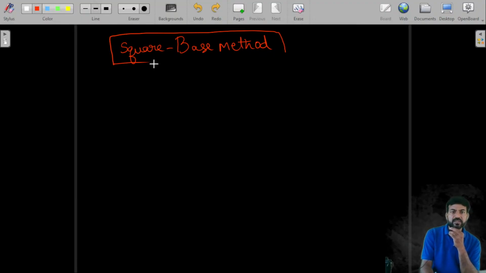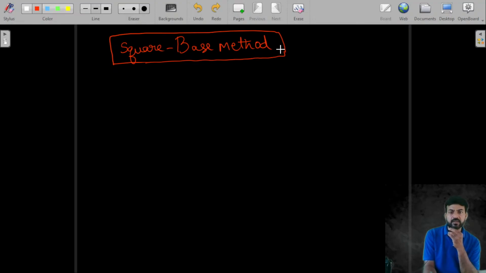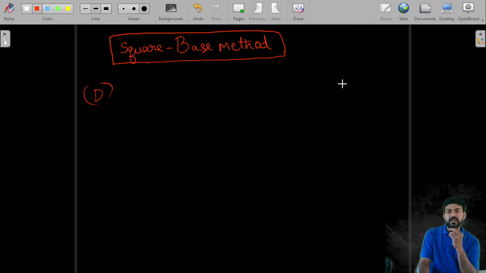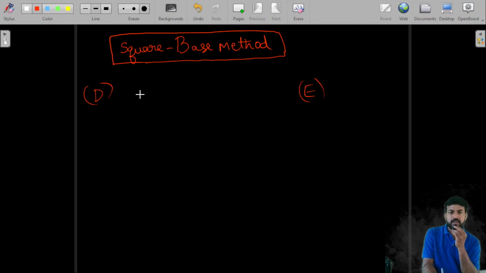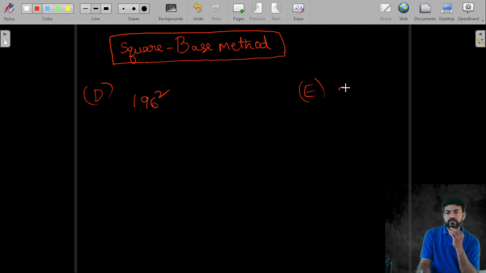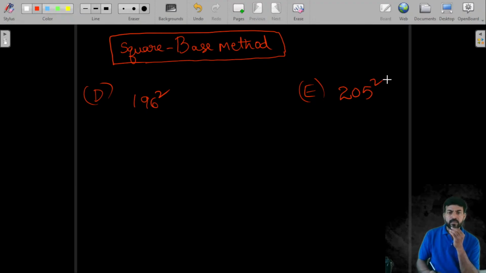Final last two examples in the square base method, D and E. Let me know whether you are capable of doing the squares in base method or not. 196 square and 205 square.